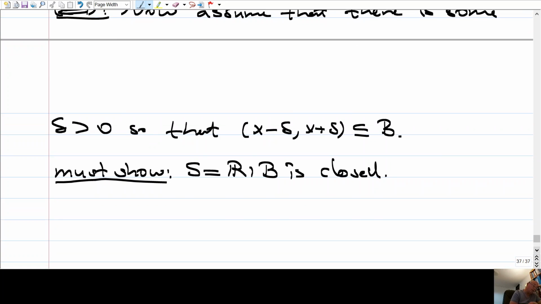Okay. All right. But you see, let me draw you a picture. Here is X, and I have such an interval. This is contained in B.